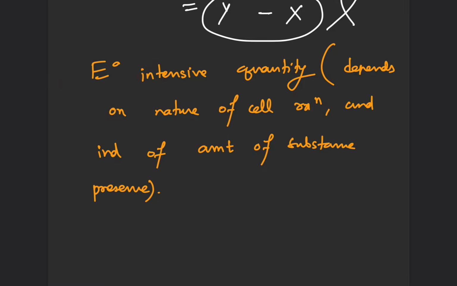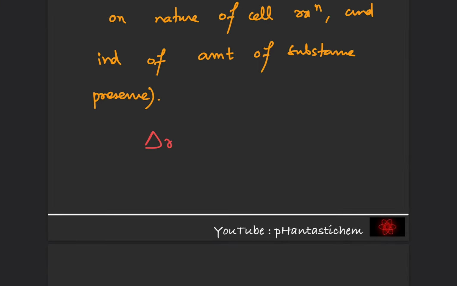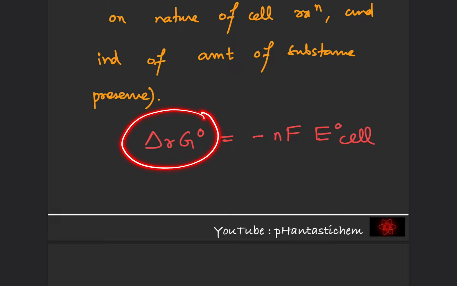Okay, so for that exact purpose we have an equation, that is delta R G naught is equal to minus nF E naught cell. So this is a very famous equation where delta R G naught is the standard Gibbs free energy change of the reaction, right?